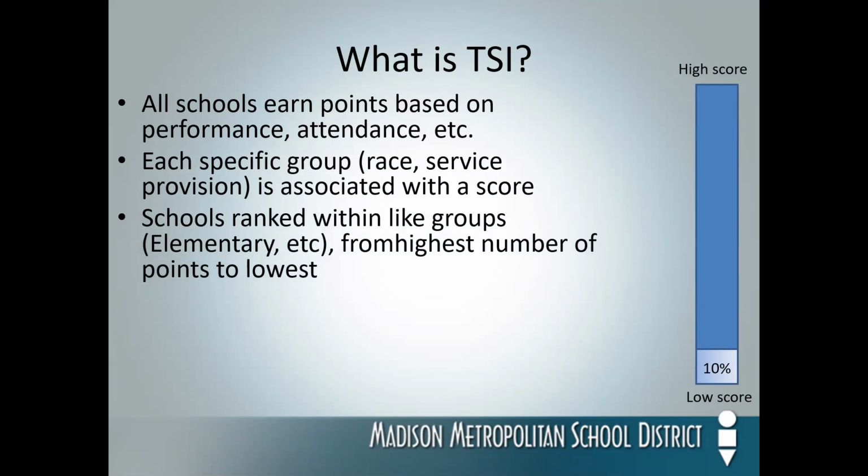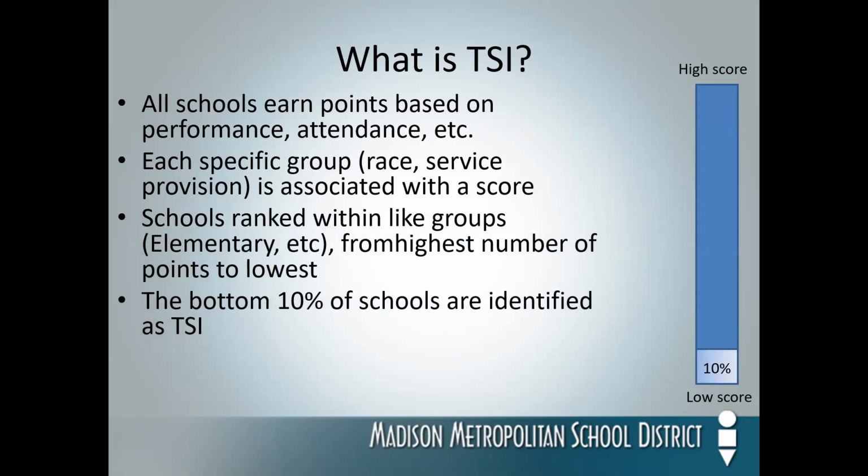Schools are then ranked within like groups. So if you're an elementary school or a high school, you'll be ranked with those from similar groups, from lowest to highest. And this is based on the state of Wisconsin. So we'll be looking at the highest scoring school in Wisconsin to the lowest. From there, for TSI, the bottom 10% of schools are identified.